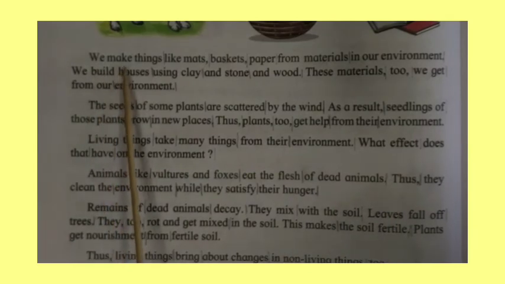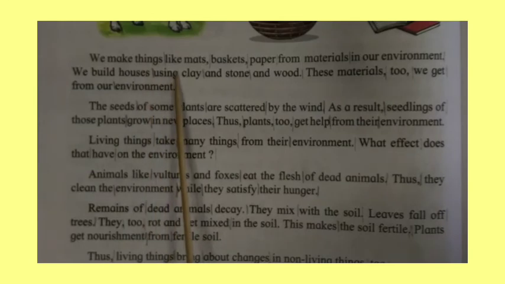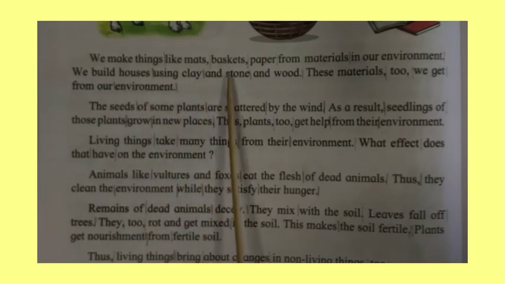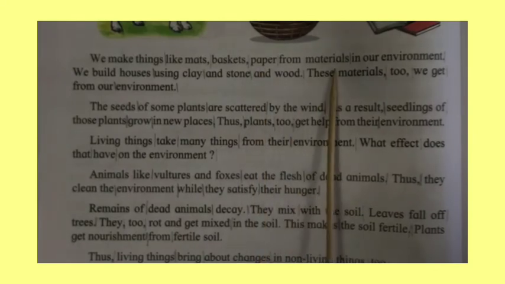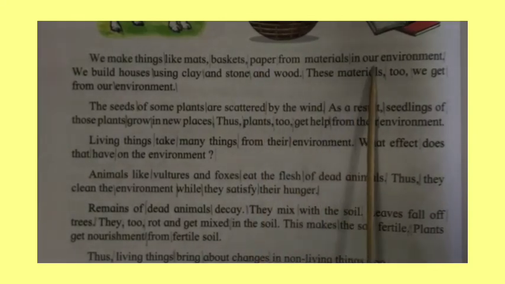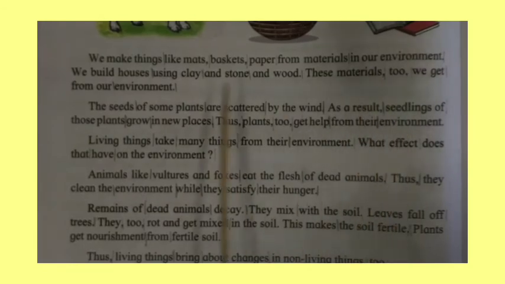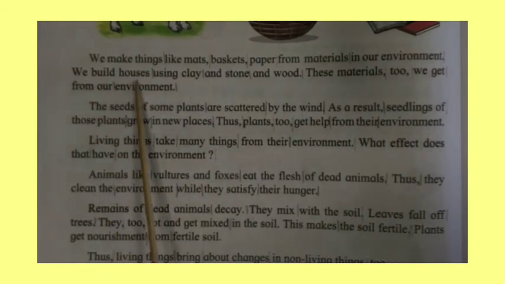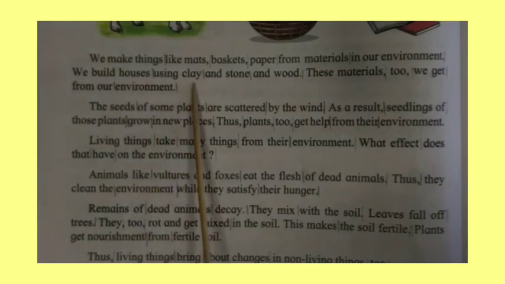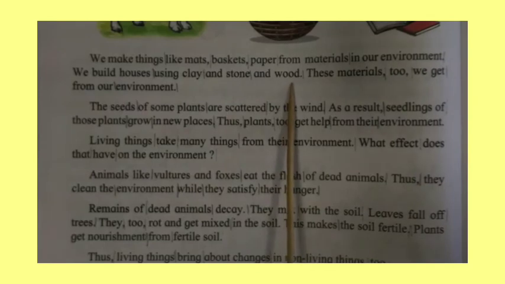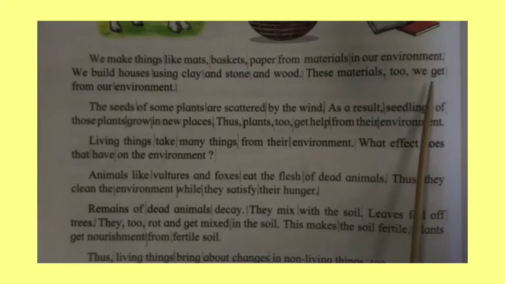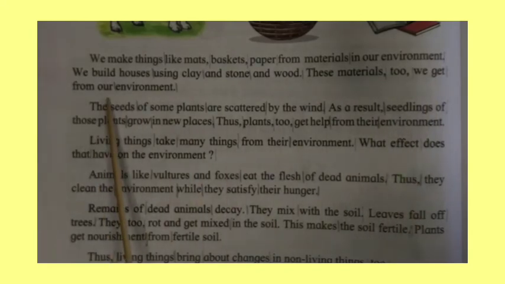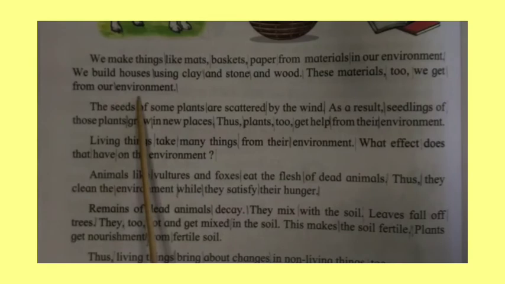We make things like mats, baskets, paper from materials in our environment. We build houses using clay and stone and wood. These materials too we get from our environment.